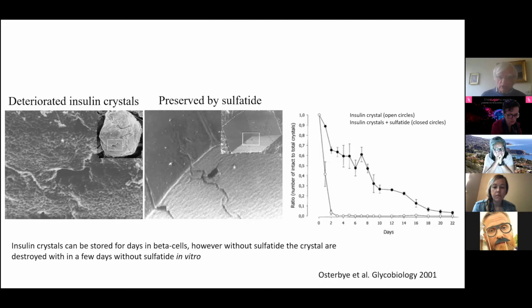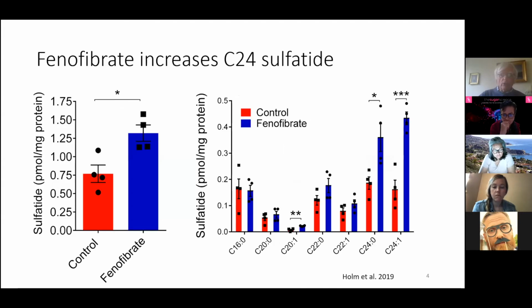It must be in crystal form, otherwise it would fibrillate. Sulfatide also helps with secreting insulin and folding insulin, so it's very important physiologically for the beta cells. Then we have found that this compound, fenofibrate, is important, and fenofibrate has been used for decades to lower cholesterol.